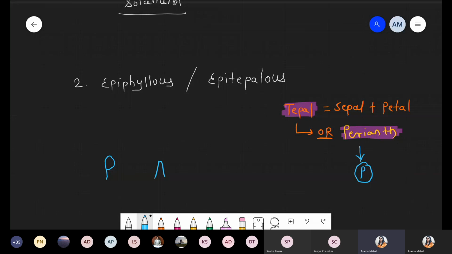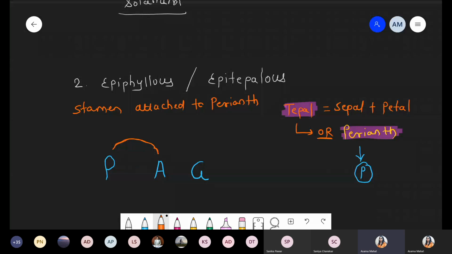Now A represents the androecium, G represents the gynoecium. Now we have to show the attachment between A and P. So what is the meaning of epiphyllous or epitepalous condition? It means the stamen is united, joined, connected or attached to perianth.